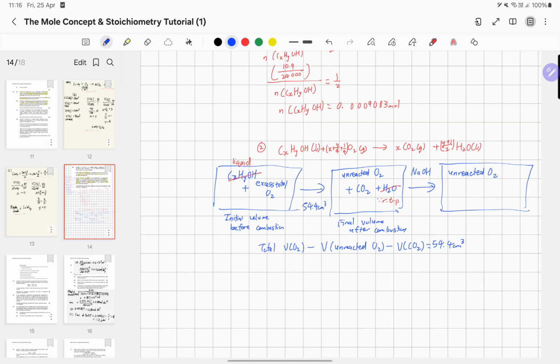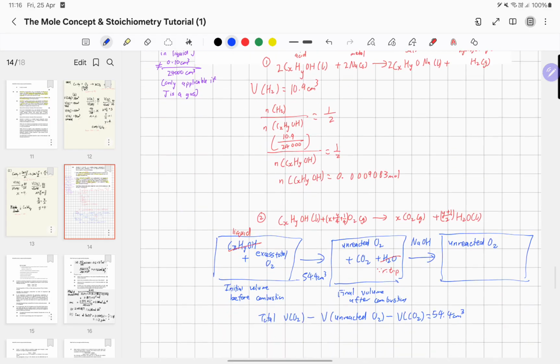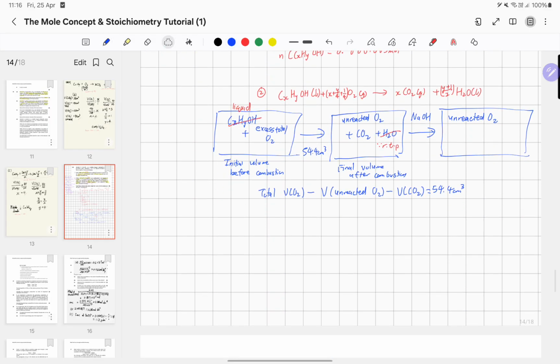And the next part is before and after the addition of NaOH. So here this system is the initial volume before NaOH.